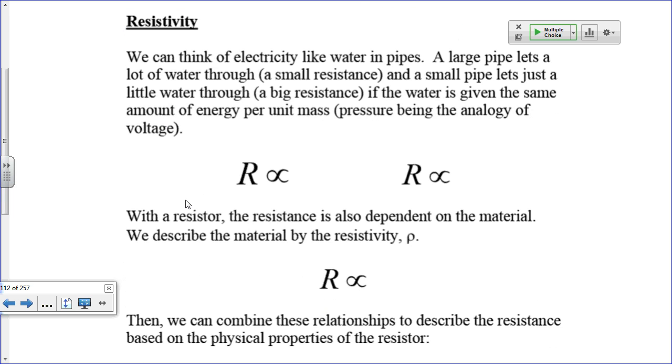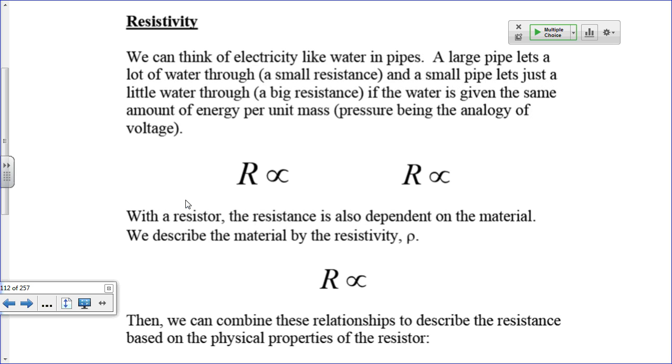Let's look at resistivity. Now, when we think about electricity, we can sort of think of it in terms of a water analogy, where I have water flowing in pipes, and that holds actually in a lot of the circuits that we'll look at. Water flows through pipes with a source that's pumping it, and it goes through pipes with different radii. It'll act a lot like electricity.